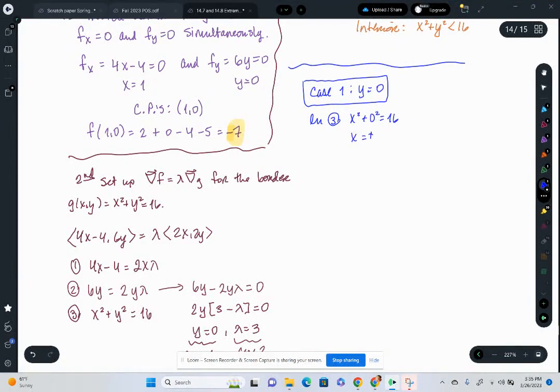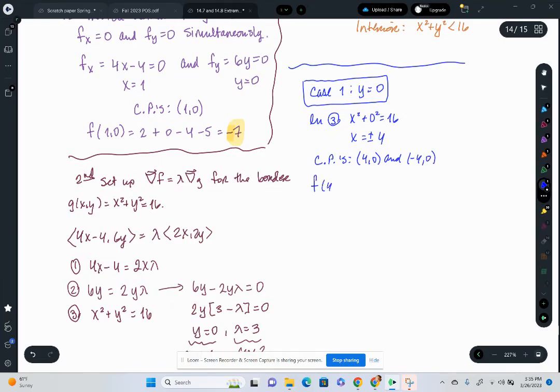And so x is plus or minus 4. Now I didn't plug y equals 0 into equation 1 because there is no y in equation 1. So it doesn't really help me. But I can find 4 and negative 4 in equation 3. So now I get critical points of (4, 0) and (negative 4, 0).